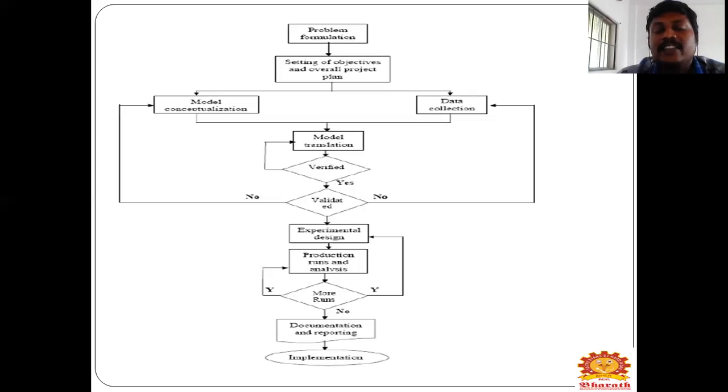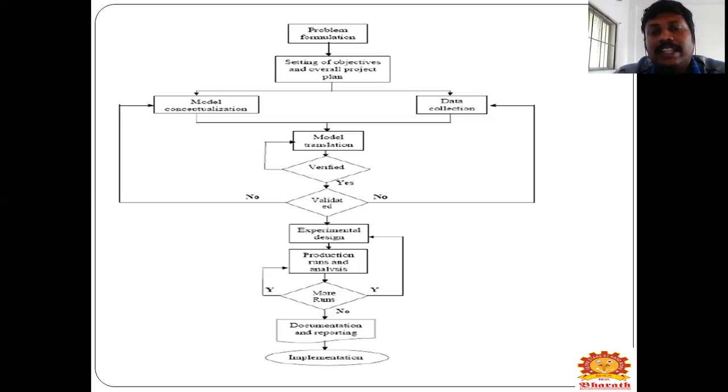If the validation is okay, you will go for experimental design. Otherwise, if validation is not okay, you will change the model configuration data and the data collection, record more and more data, go again for model translation, verify that, and then validate it.